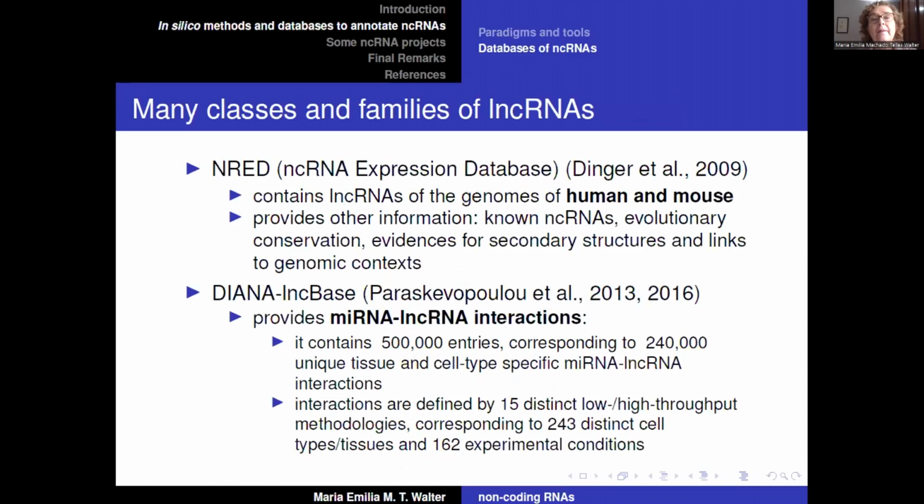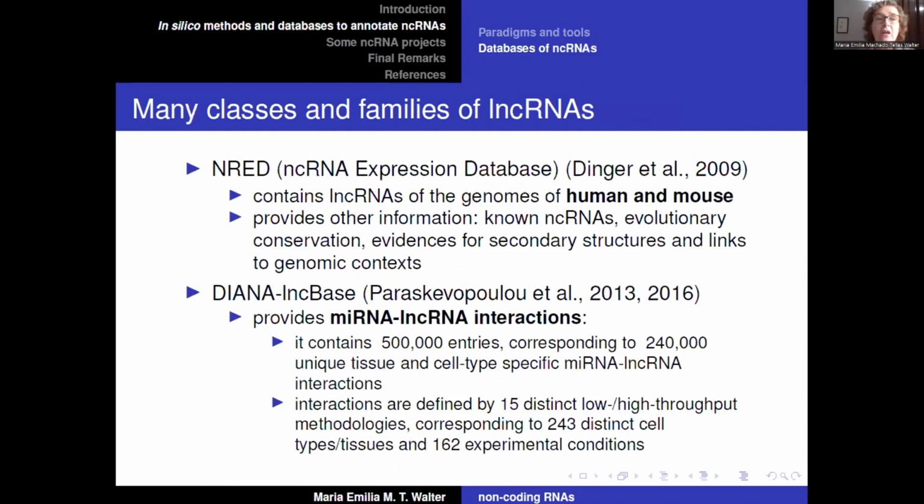For long non-coding RNAs, as for short ones, we have specific and general databases. This first one, in red, contains long non-coding RNAs of the genomes of human and mouse. DIANA-LncBase provides interactions of miRNAs and long non-coding RNAs.